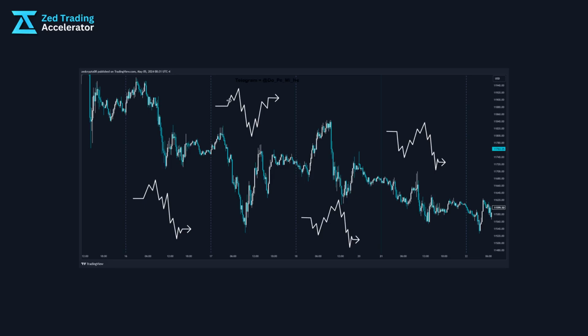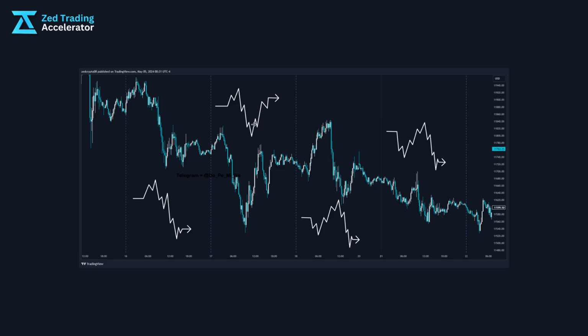Initially, we created the high of the day at the London kill zone. Price went lower until we reached a higher time frame PD array or took out a liquidity, and then it shifted higher, taking out buy-side liquidities.